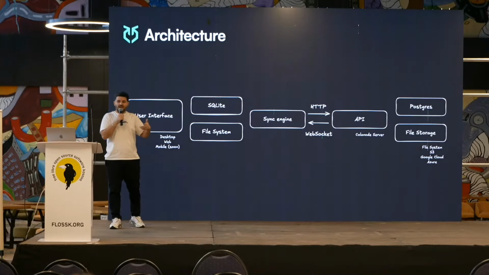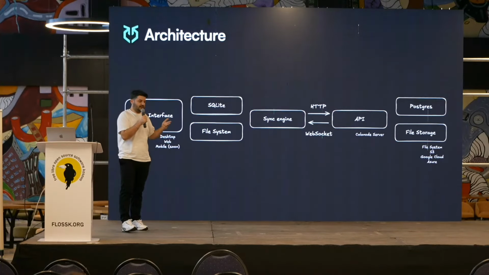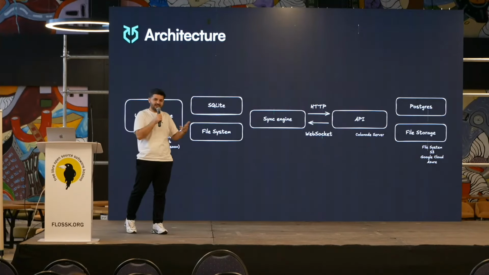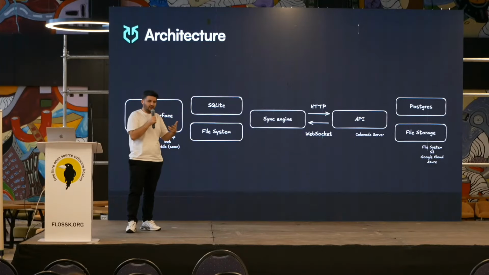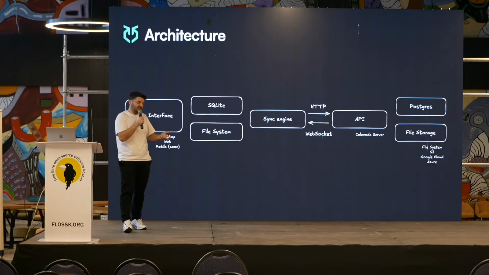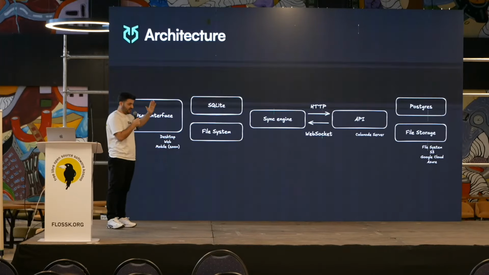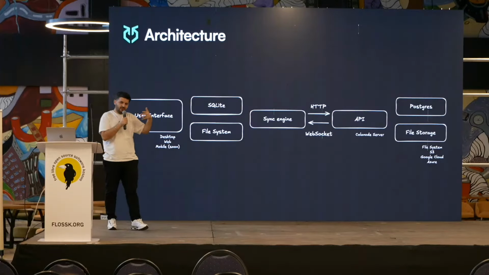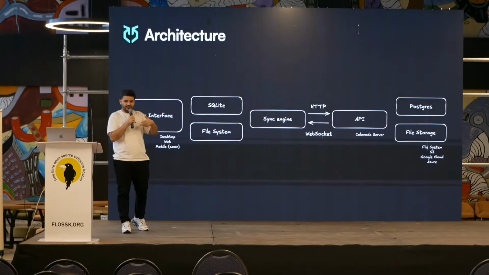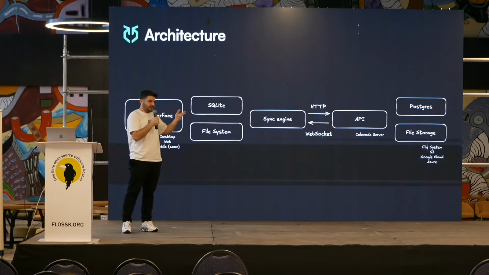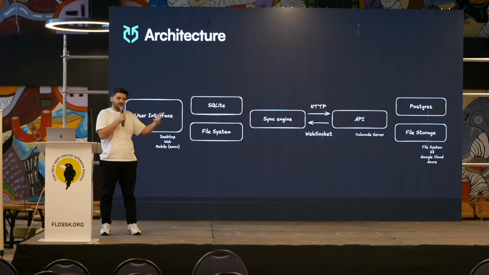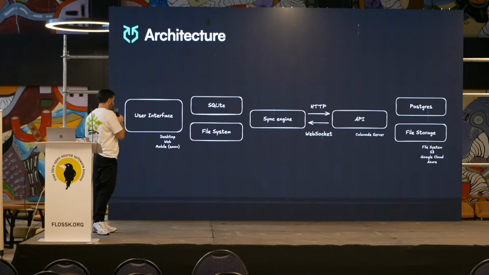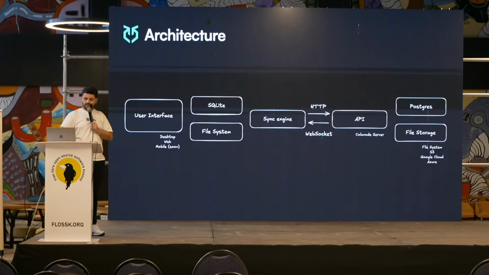We use a technology called the Origin Private File System, which is in newer browser versions and allows you to store data offline from a web application. And then you have to do a lot of different things. For example, you have to use SQLite with WASM, WebAssembly, on web, native SQLite on desktop, and another version of SQLite for the mobile apps that we are developing now and will be available soon.